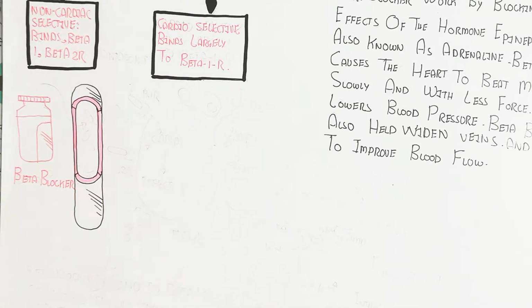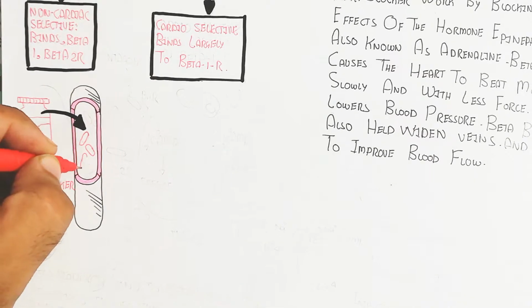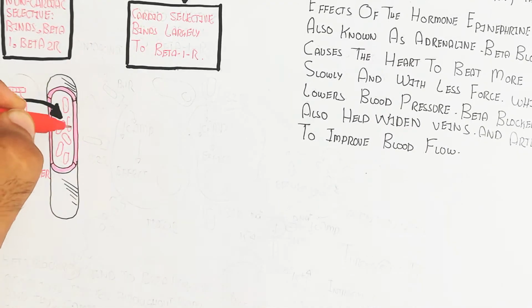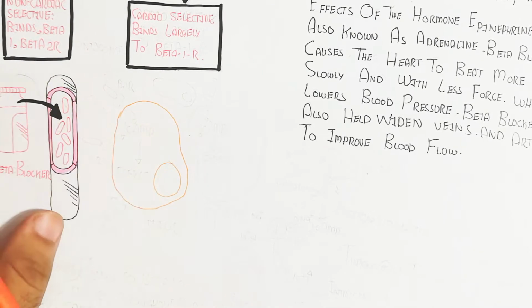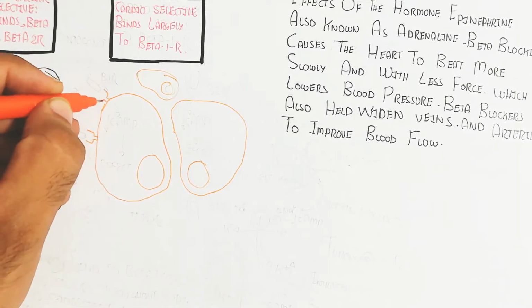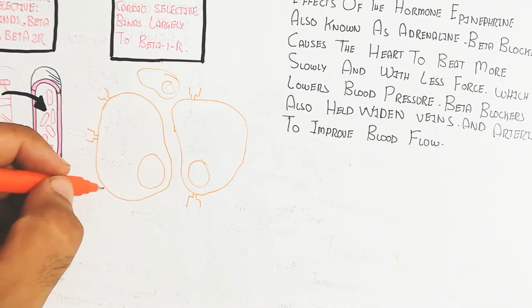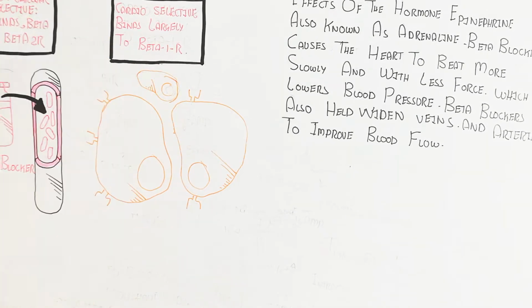Here you can see the beta blocker. This beta blocker will enter into the blood vessel. After entering the blood circulatory system, when you take the beta blocker drug, it will be targeted as an antagonist, and it will bind with the beta 1 receptor or beta 2 receptor, remember.